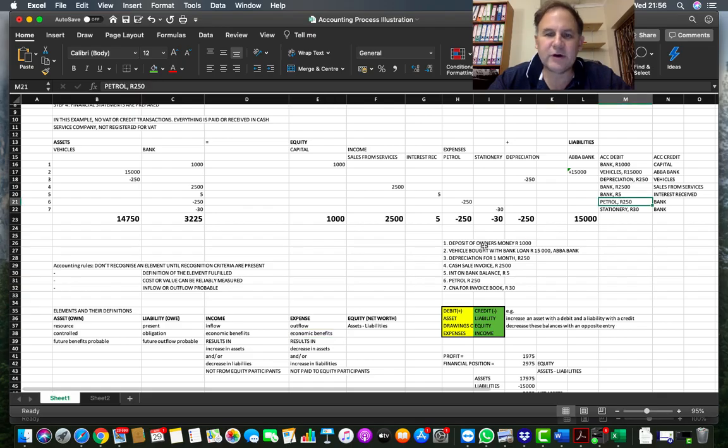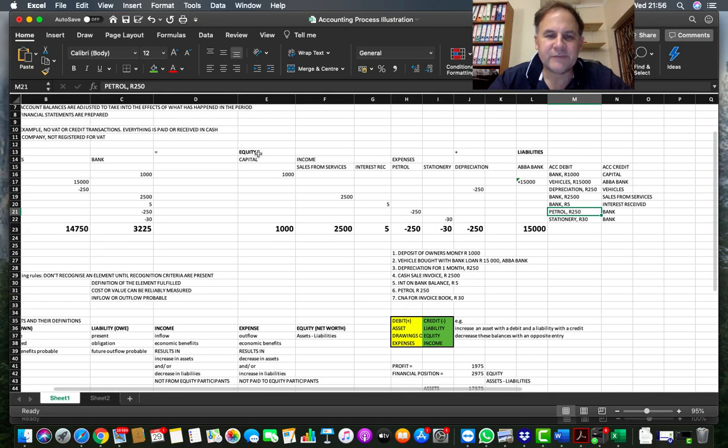So, if you go back to our accounting equation worksheet, you can see expenses are under the main heading, equity. And then I further subcategorize my expense into petrol.